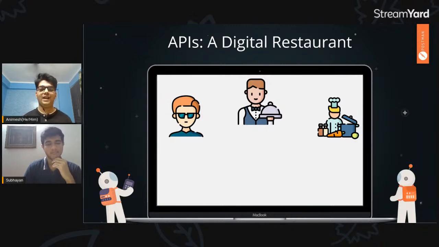So we can imagine an API as a waiter of the restaurant. Imagine you go to your favorite restaurant and you want to order.